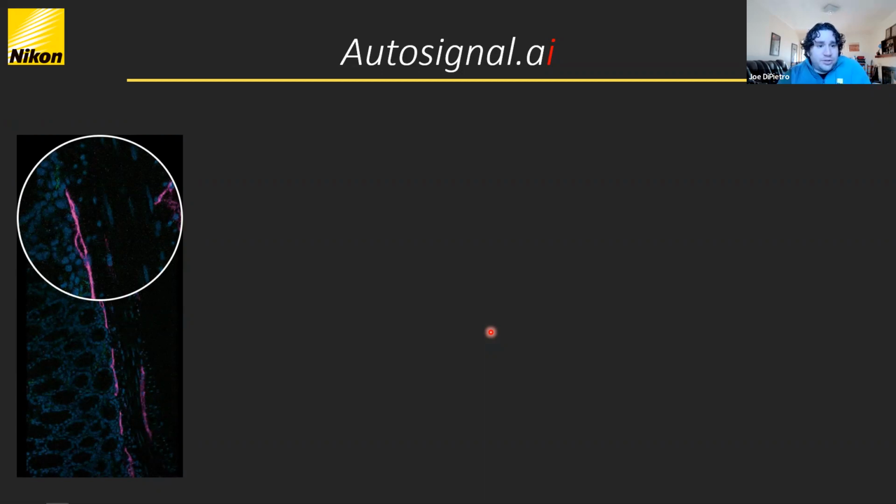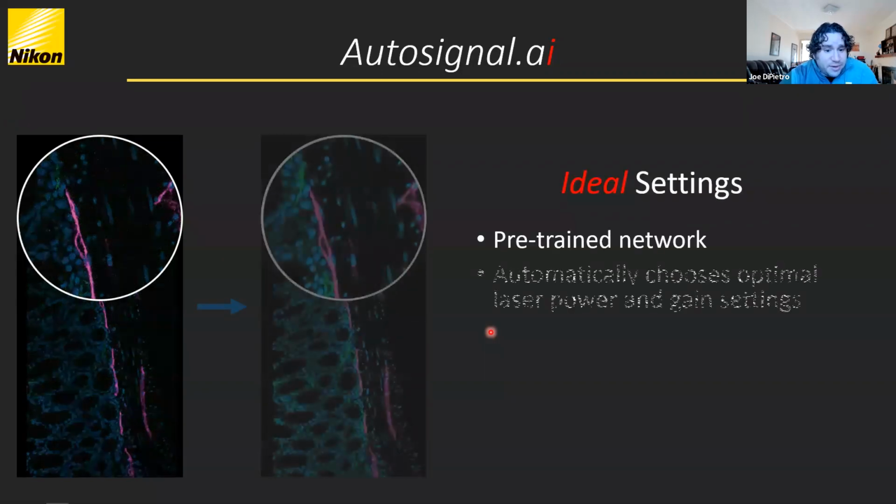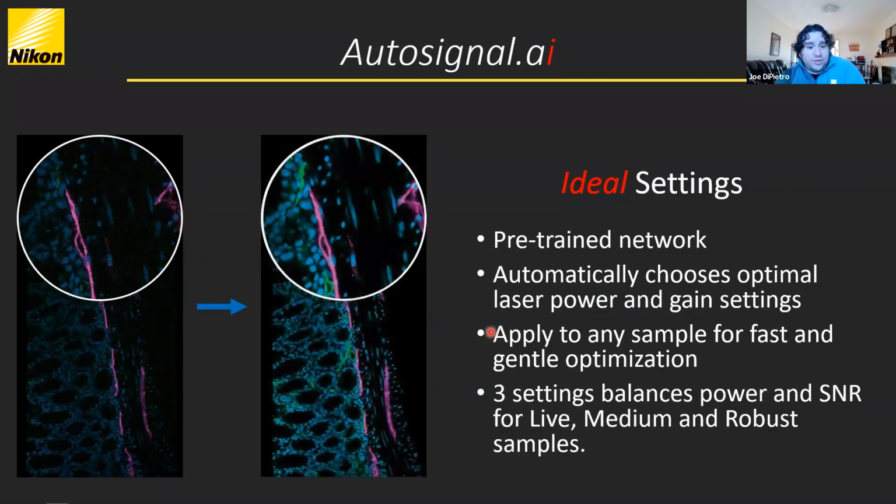Instead, you could just use this pre-trained artificial network where you just click the button and it automatically chooses the optimal laser power and gain settings based on a few different inputs. So you might tell it, hey, I have live samples that are really sensitive. Put that setting in, hit the button, and it'll give you a laser power and gain setting that produces the best signal to noise possible based on those parameters.